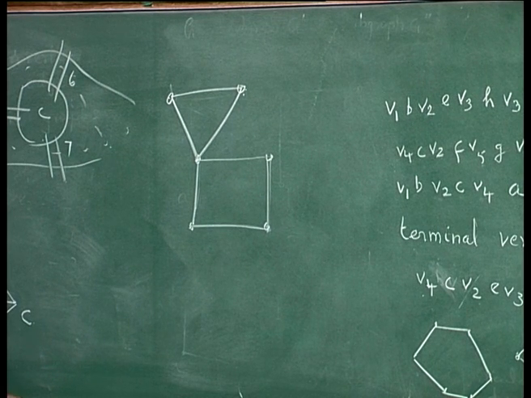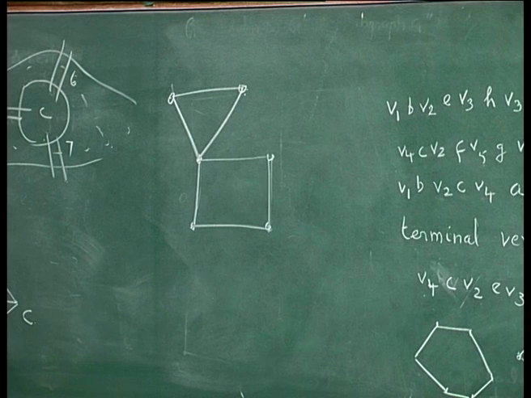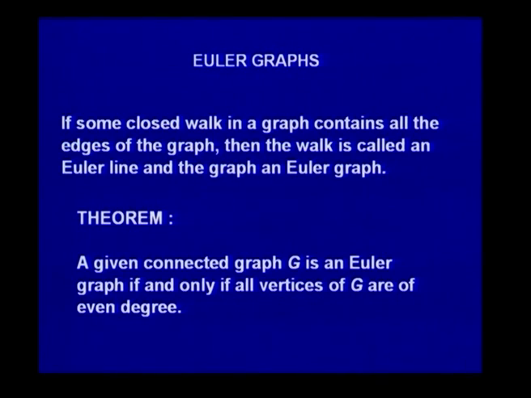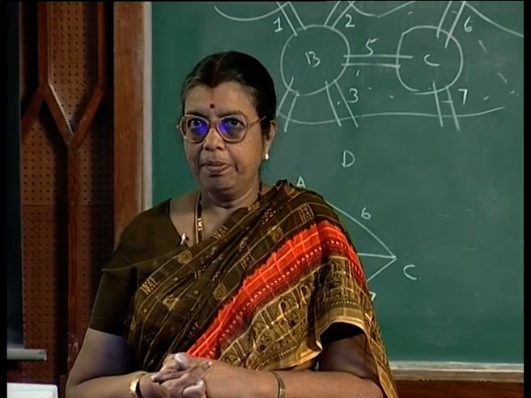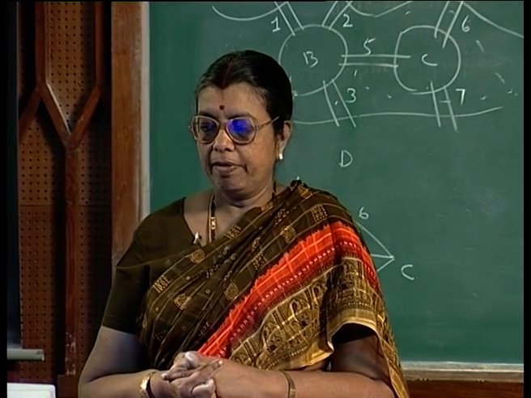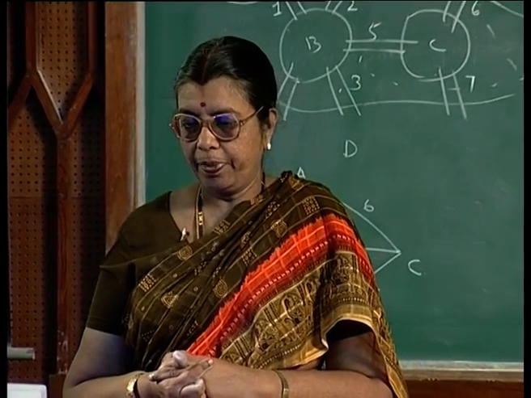And what is the condition for a graph to be an Euler graph? So, again let us see the definition. If some closed walk in a graph contains all the edges of a graph, then the walk is called an Euler line and the graph is an Euler graph. And how can we say whether a graph is Euler or not? The following theorem tells you when you can say so.